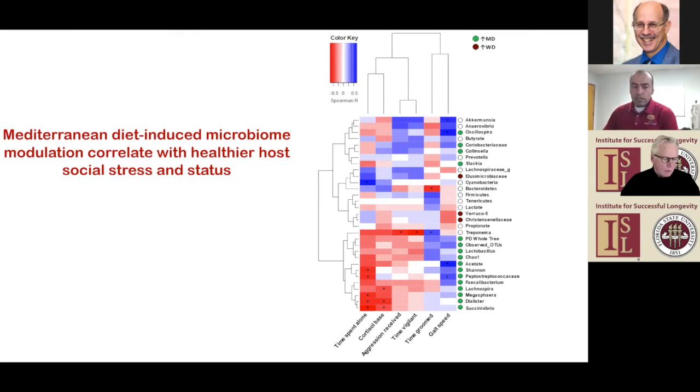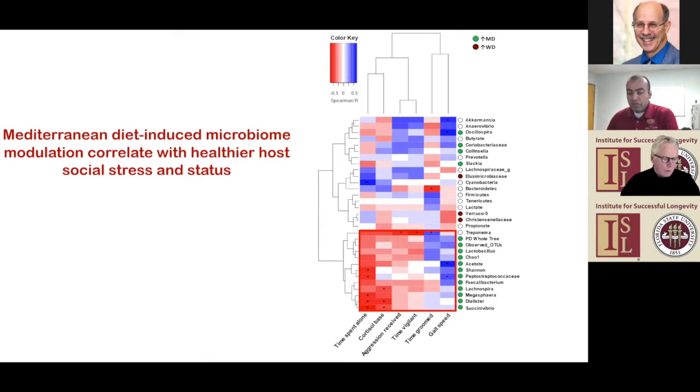So when we correlated the microbiome data with these monkeys, again, we found that most of the bacteria that were fostered by the Mediterranean diet were negatively correlated with time spent alone, which is an indicator of loneliness in these monkeys. And these were negatively correlated with cortisol levels.